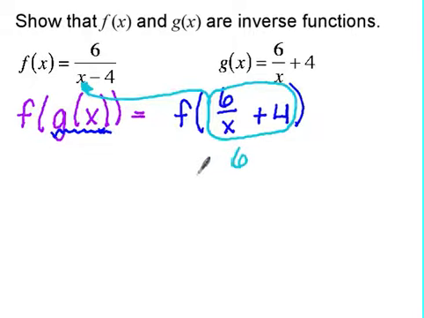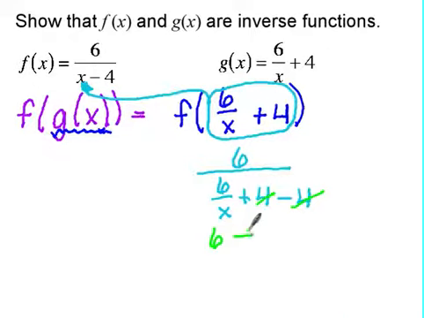So I've got 6 divided by 6 over x plus 4, and then minus 4. Yes, your 4's cancel, as you've already noticed. Those are gone. So really, I now have 6 divided by 6 over x.